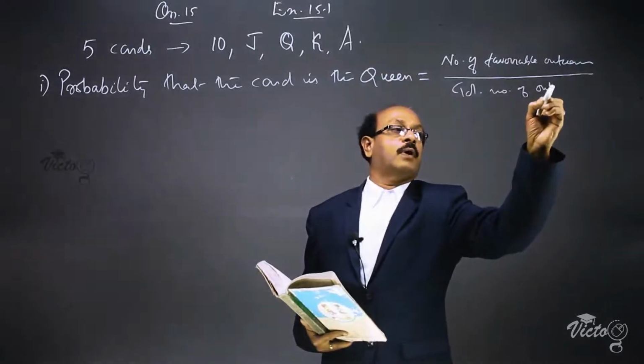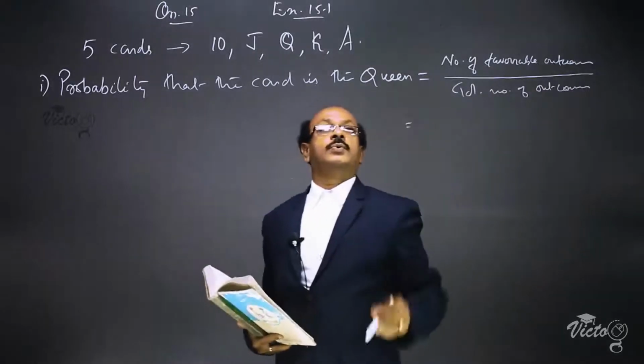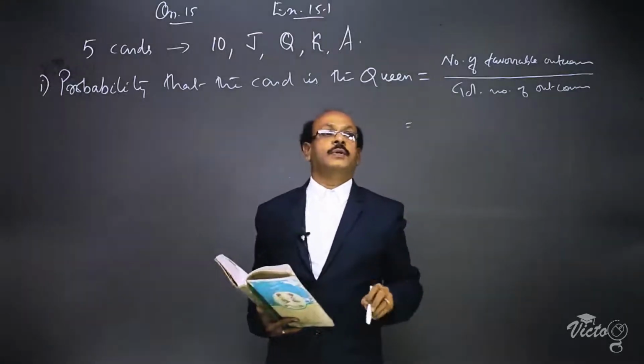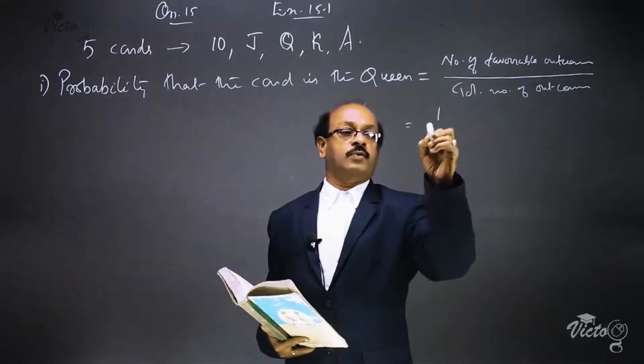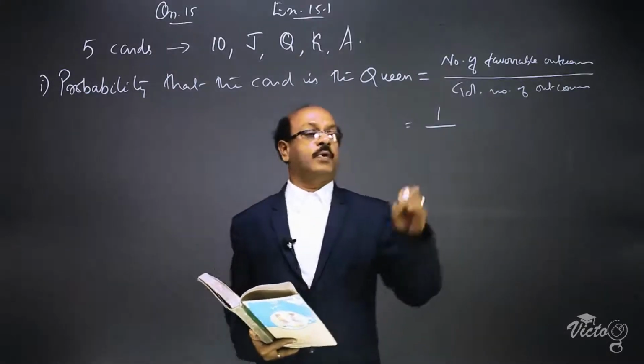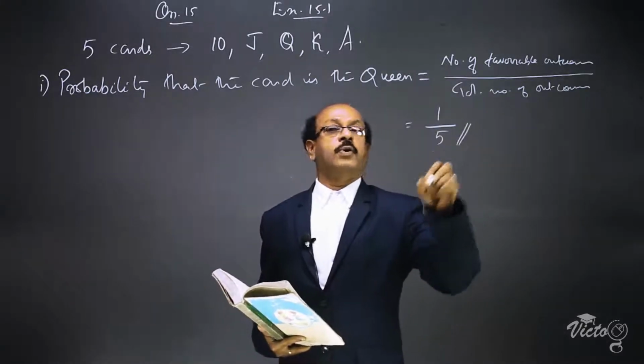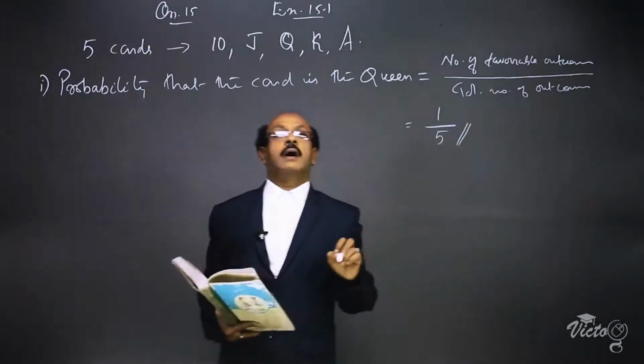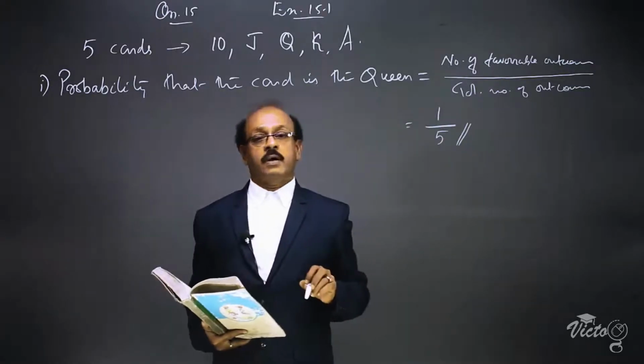There is only one Queen, so number of favorable outcomes is equal to 1 and there are only 5 cards. Therefore, total number of outcomes is equal to 5.